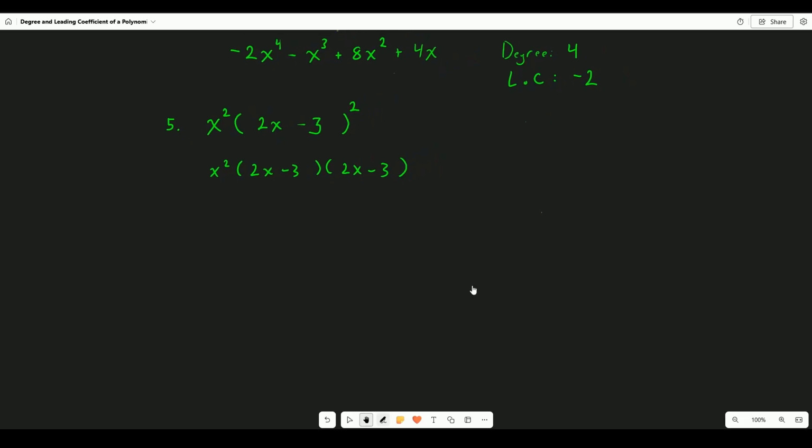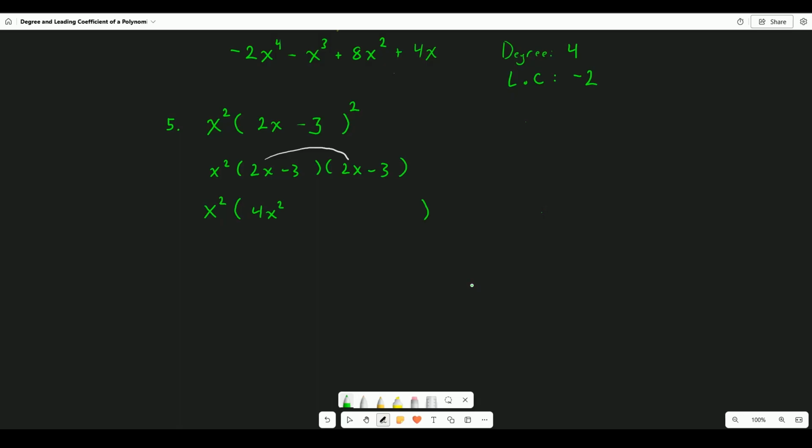Now I'm going to use FOIL to expand these binomials. So 2x times 2x, that's 4x squared. I'm going to put it all in parentheses because all of this is still being multiplied by x squared. All right, cool. I'm done with the first term.